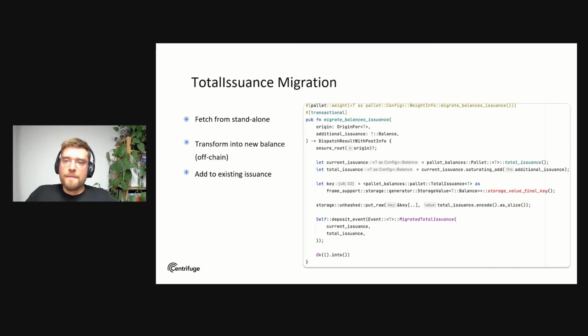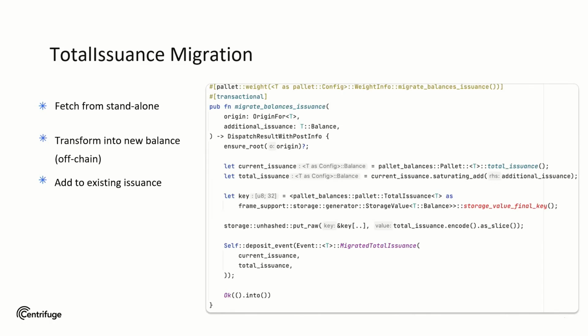Now, the total assurance migration is really straightforward and easy. As you can see at the top, we have a migrate balance insurance, a weighted balance insurance extrinsic here, and what you get is just provided with an additional assurance.